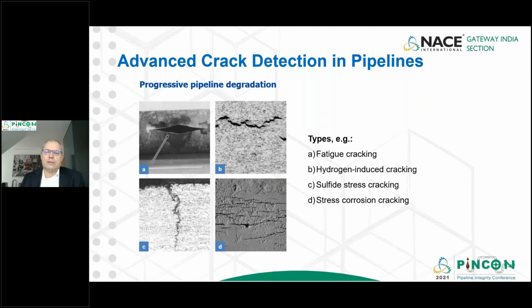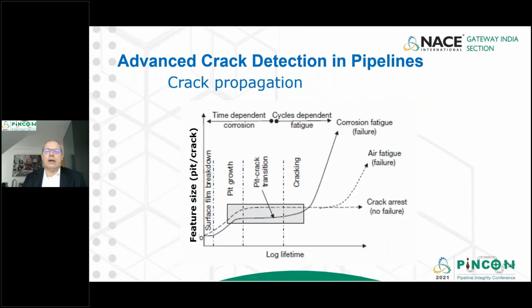The first part we need to understand is, how does it come to cracking? Except for fatigue cracking, where the material with repeated stress fatigues, gets brittle and breaks, the other types of cracking all require a surface film breakdown. The surface film breakdown means that there is a liquid between the coating of the pipe and the pipe wall.